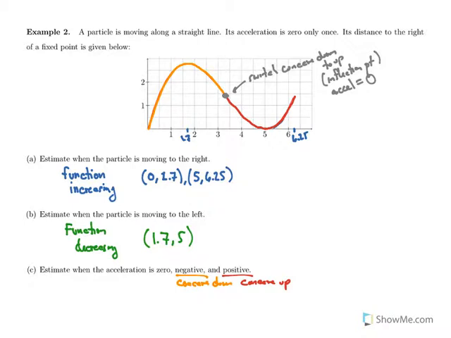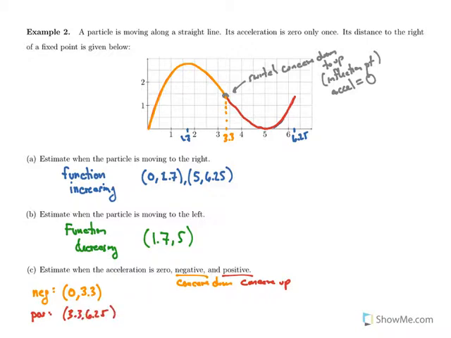So to answer the questions, when is the acceleration negative? That's going to be on the interval 0 to about, call this maybe 3.3. It is going to be positive on 3.3 to the end of the function, which we called about 6.25.